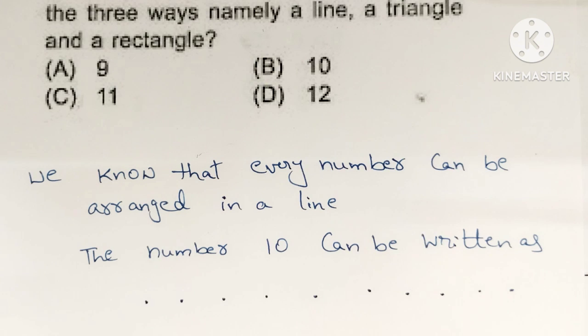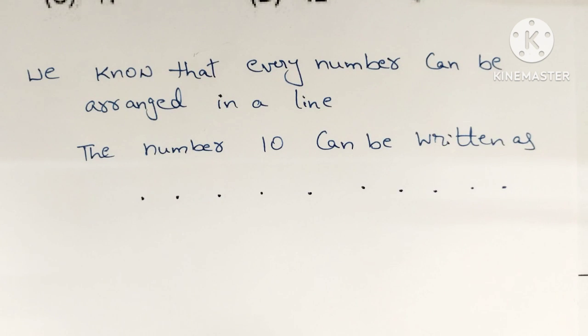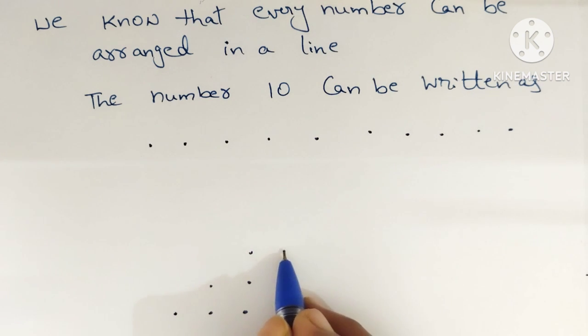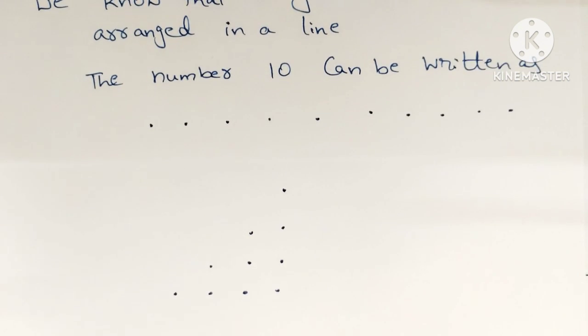And second one, triangle. The number 10 can also be written as a triangle. 1, 2, 3, 4, 5, 6, 7, 8, 9 and 10. So, using these 10 dots, we can form a triangle.